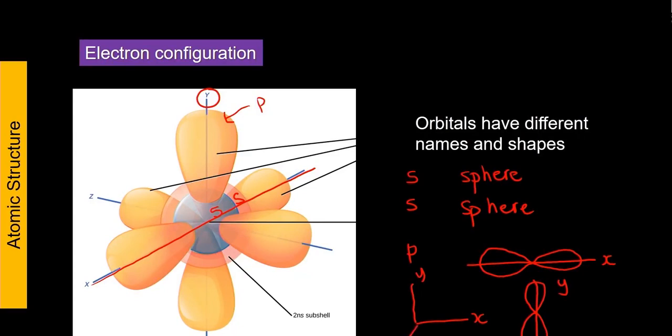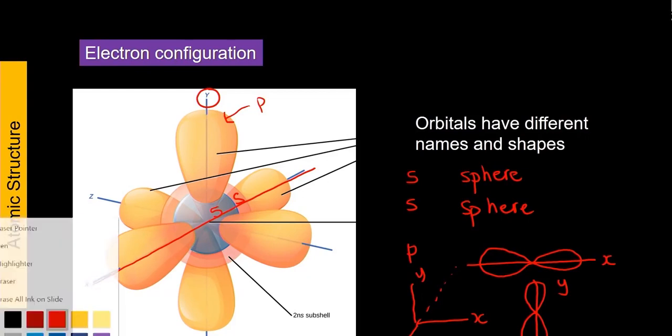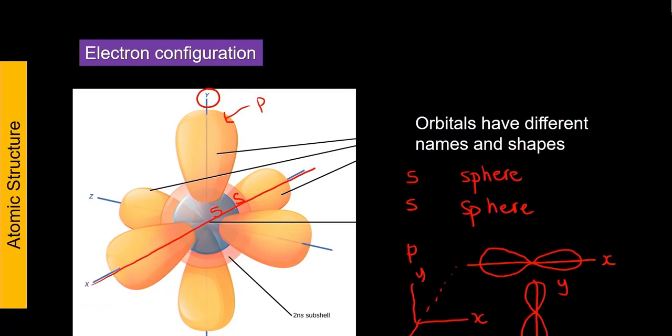So the z plane comes out like that, and you can see it gives then the three-dimensional look about it. So when we're dealing with this one, I'm going to draw a dotted line that way. I'm just going to change my pen so we can see it a little bit more clearly. So this is what the p orbital that lies in the z plane is going to look like.